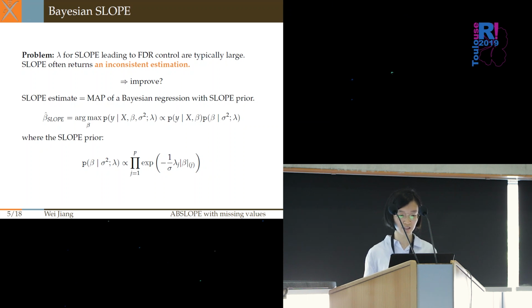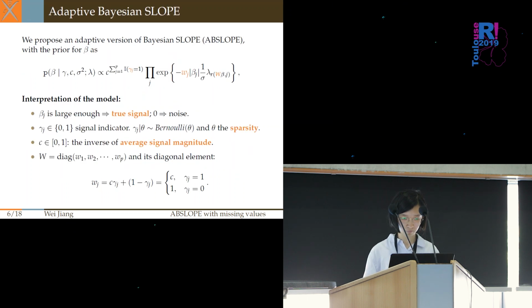The SLOPE estimate can be viewed as the maximum a posteriori with this prior. And here we propose an adaptive version of Bayesian SLOPE with a specific prior involving a weighting matrix W. Here I will detail all the elements that we use in this prior.